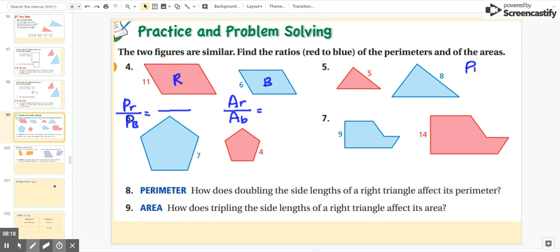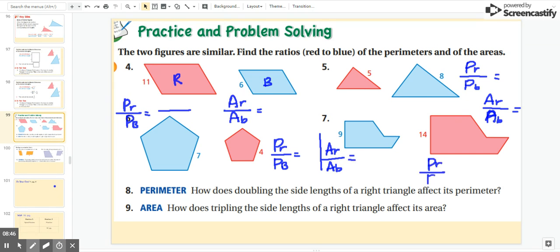And for number 7, perimeter red to perimeter blue, and area red to area blue. I need you to answer all the questions.